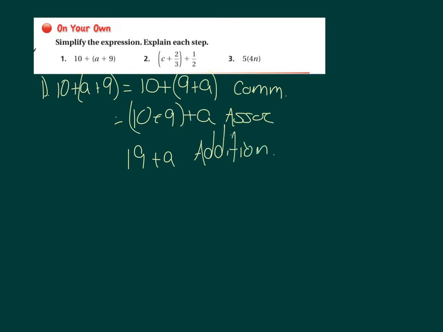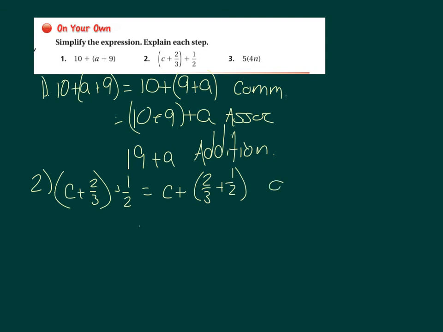Number 2, we have c plus 2 over 3 in parentheses plus 1/2. We need to change what's grouped together on this one, so c plus 2 over 3 plus 1 over 2. That was the associative property.